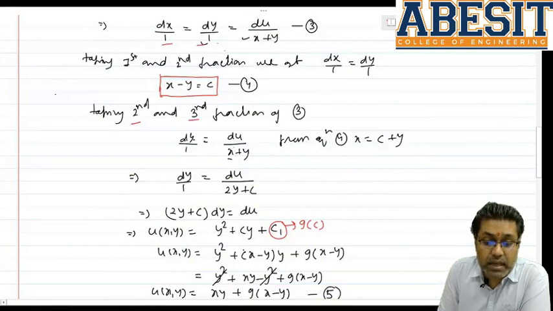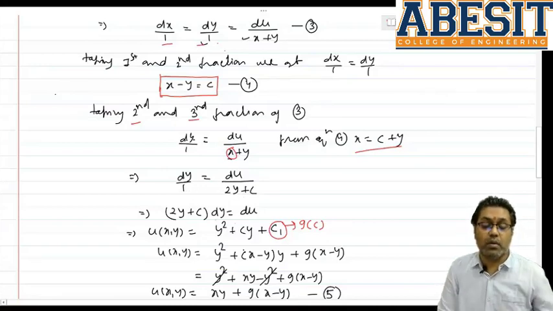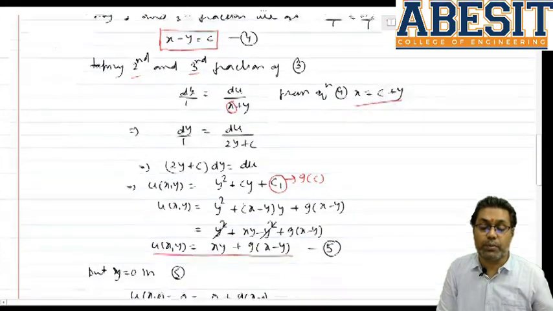What about this x? We have to remove it. We use equation number 4. From equation 4, x is equal to c plus y. So we put c plus y here and get dy upon 1 equal to du upon 2y plus c. Next, variable separable: (2y plus c) dy is equal to du.